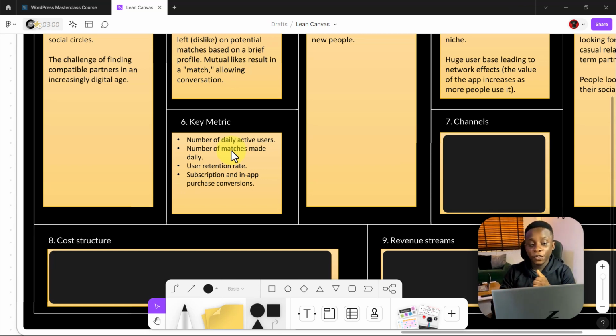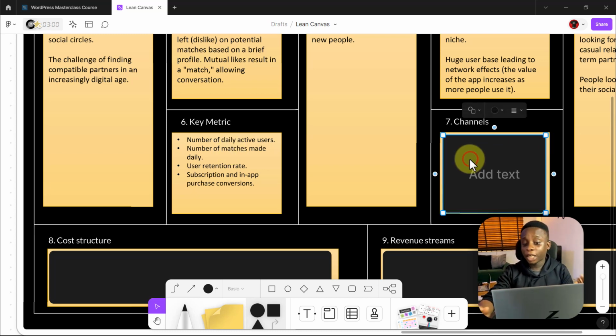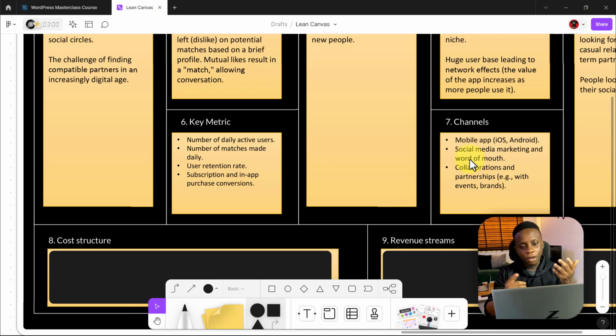Number of daily active users, number of matches made daily, user retention rate, subscriptions, in-app purchases, conversion. They could have had more than this, but based on what was used at the time, this is what they needed in order to track the success of the app. Then seven, channels. What channels did they make use of? Obviously the mobile app, social media for their marketing, collaborations, and partnership deals.